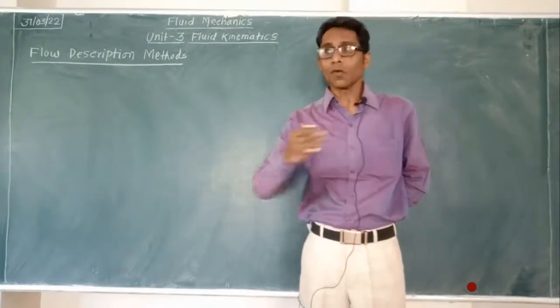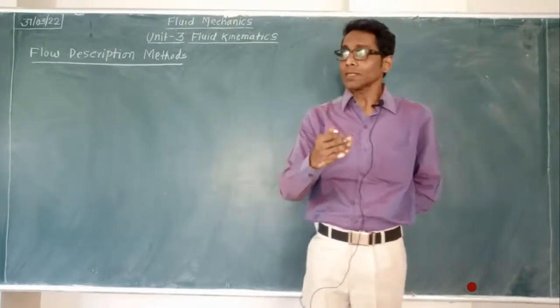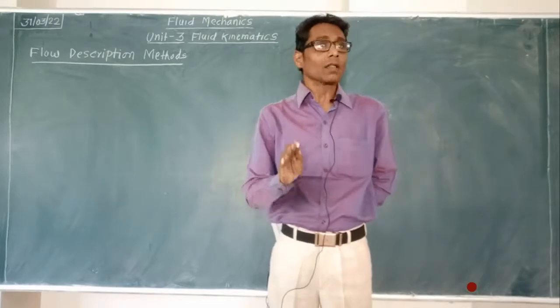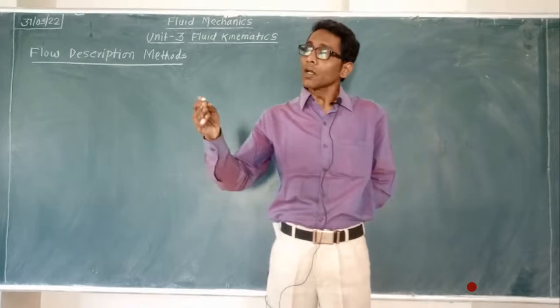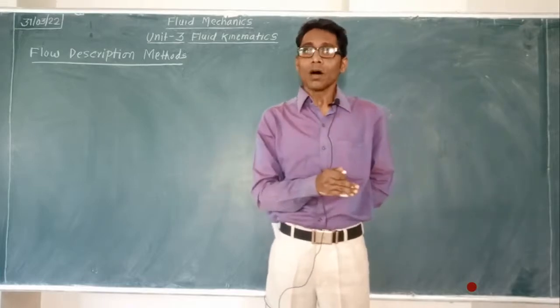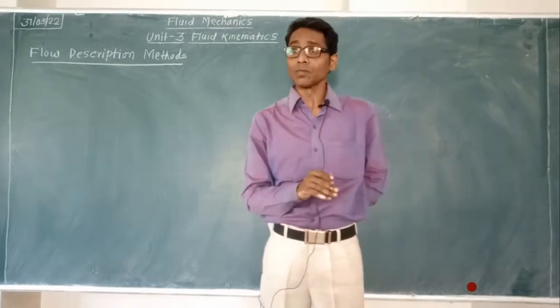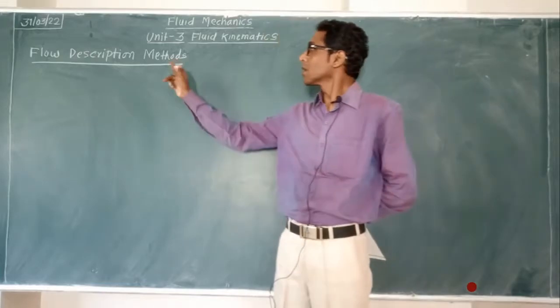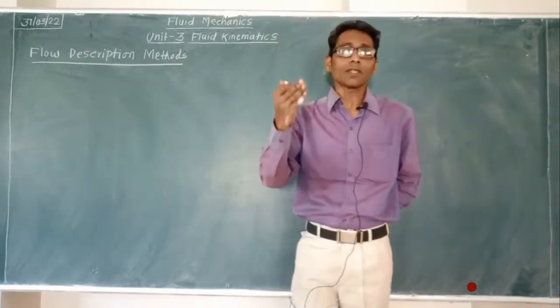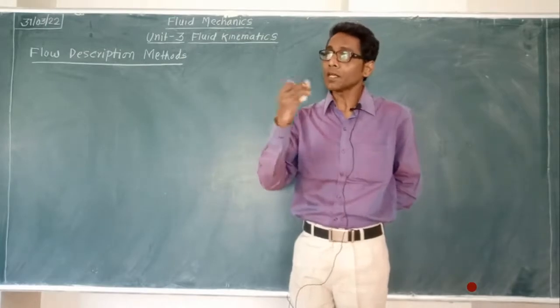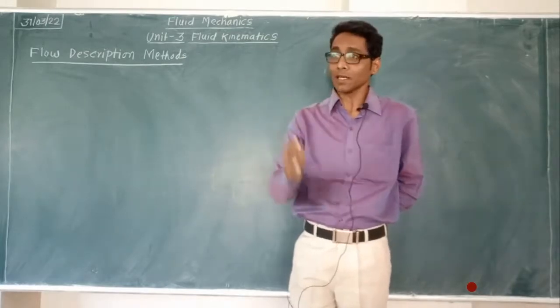When the fluid is flowing, definitely velocity and acceleration are changing, from location to location, or with respect to time also. In the unit of velocity, what do we write? Meter per second.